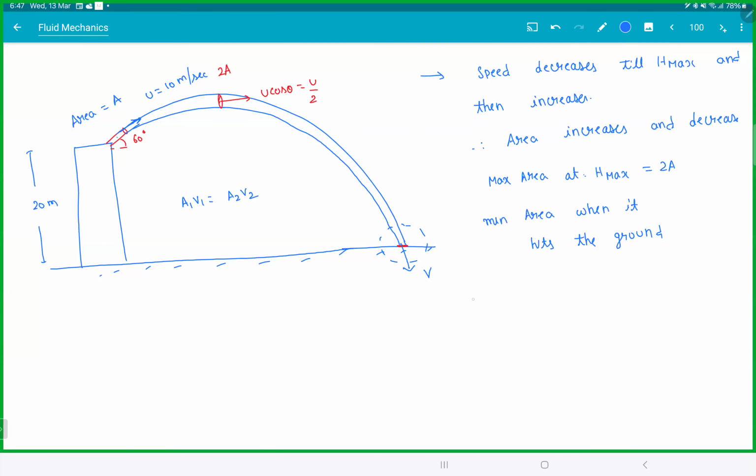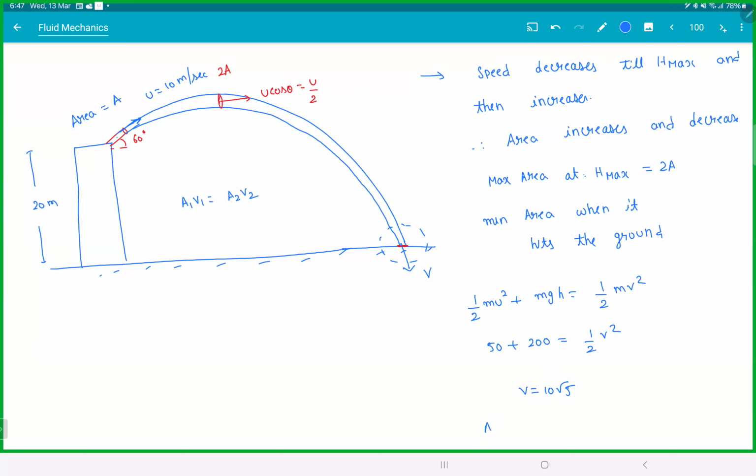How do you find that speed v? Conservation of energy. Half m u square plus m g h equals half m v square. If you try to use kinematics, you'll get it, but it'll be quite long. The m will cancel. u square is 10 square, 50, plus g h is 10 into 20, 200. And this would be half into v square. That is v is equal to 10 root 5.